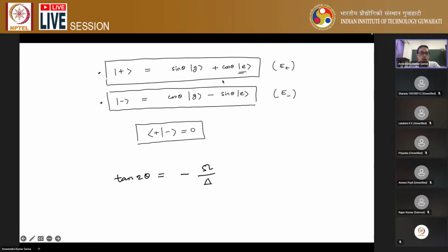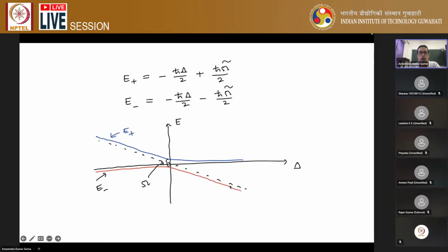That's why these coefficients sine theta and cos theta are there, and by calculation we saw that this angle, called the mixing angle, satisfies tan 2 theta equal to minus capital omega by delta. All these things we learned in week 2, and the main important result is that when this coupling is there, capital omega is basically coming because of the coupling of the atom with the radiation, because of this coupling you see these energy levels no longer cross each other.